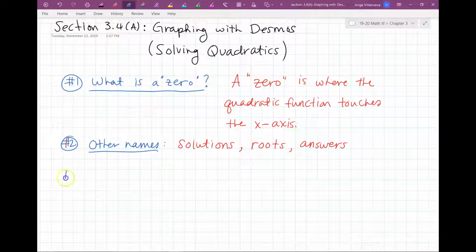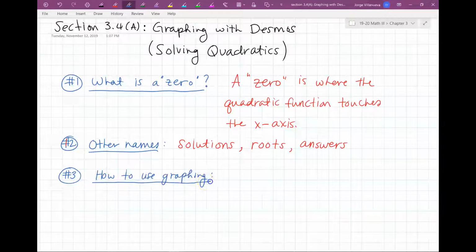Okay, that one's not too hard. Question number 3. How can you use graphing to solve a quadratic equation? What are the solutions located on the graph? We actually just kind of answered that in part 1. For the first part, how to use graphing, they just want you to explain it.